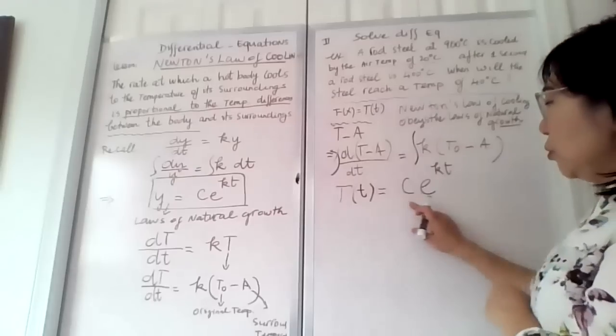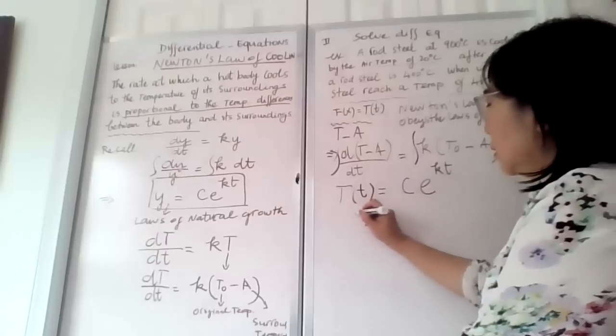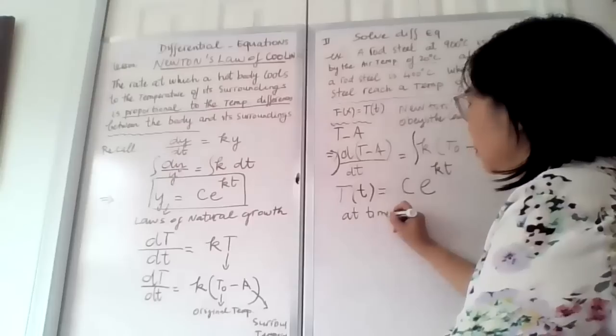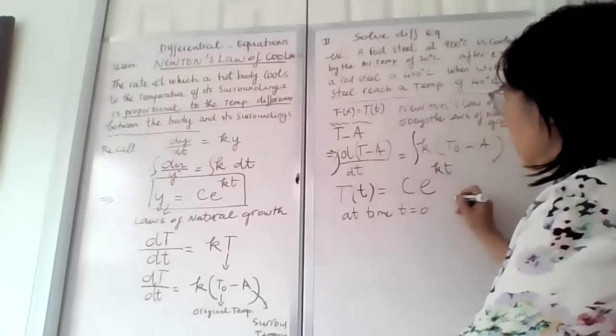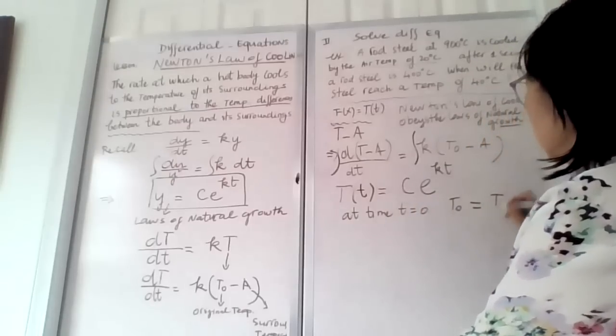But now we have to know what our C is. So let's say at the time t equals 0, T0 equals T, right?